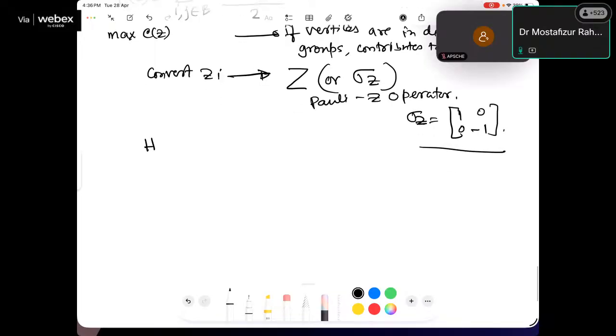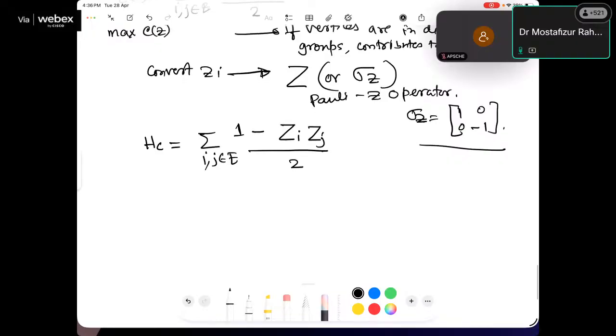We write that as HC: HC equals the sum over i, j belonging to the set E of (1 minus Z_i Z_j) by 2. So I just changed the variables to matrices, and they are operators.